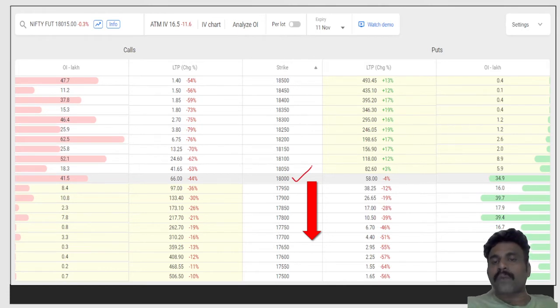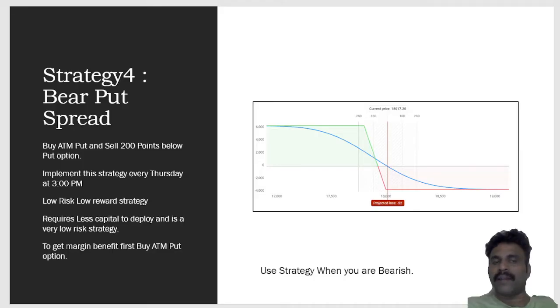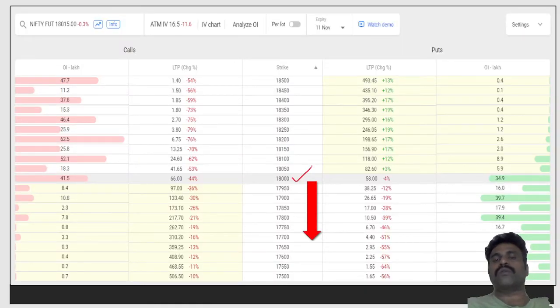So which put option do I need to buy? Correct. You need to buy the 18,000 put option. But my strategy says you need to buy the 18,000 put option and 200 points away you need to sell a put option to give a cover to your bought put option.